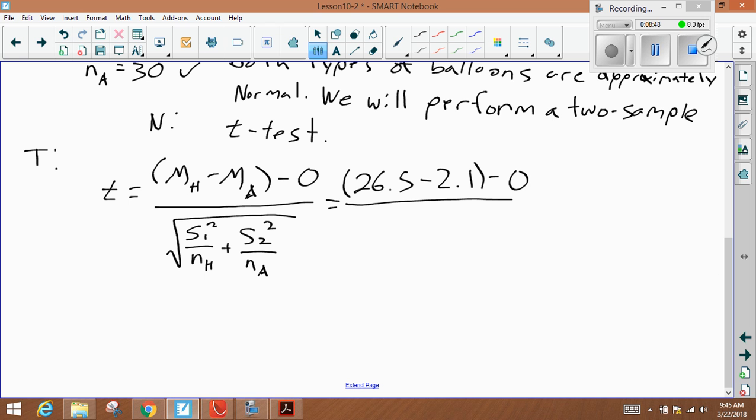And our standard deviation of the decrease in helium was 1.92. We're going to square that, divided by 30, plus, and the standard deviation for the decrease in circumference of the air-filled balloons was 2.79.